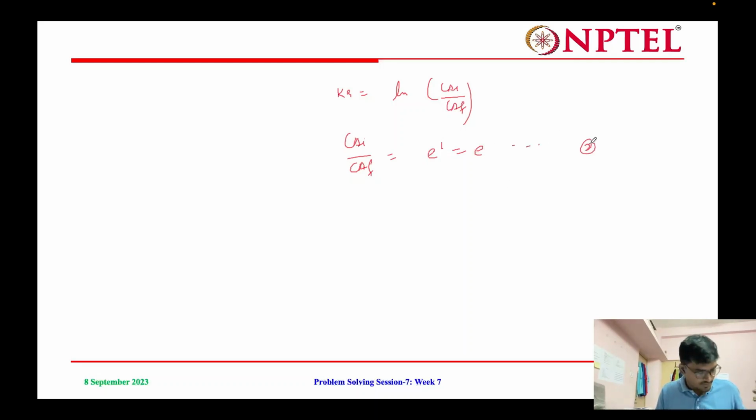Now from equations 1 and 2, CA naught by CAI times CAI divided by CAF equal to 2 times e. CAI gets cancelled, so CA naught by CAF equal to 2 times e, right?